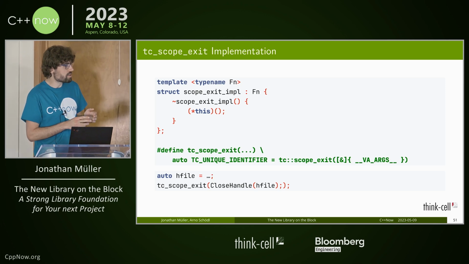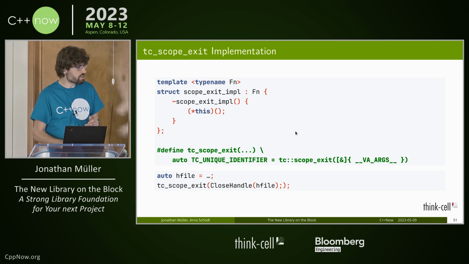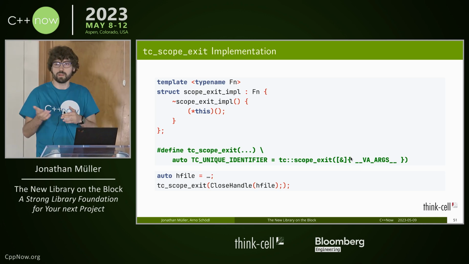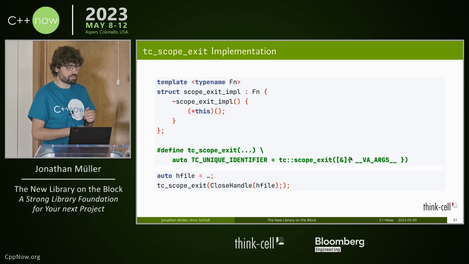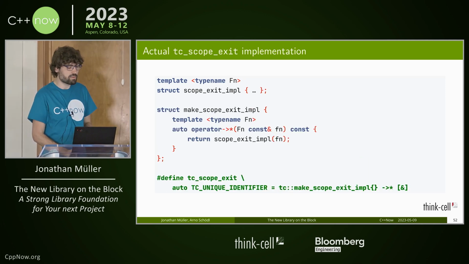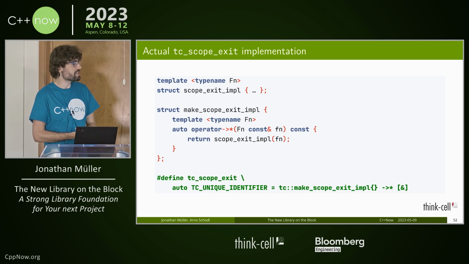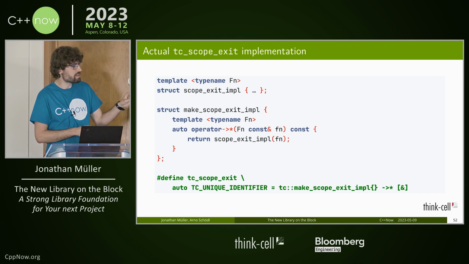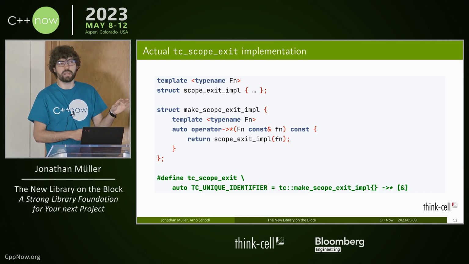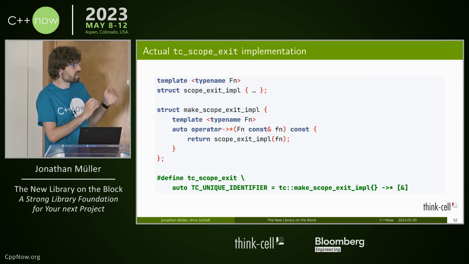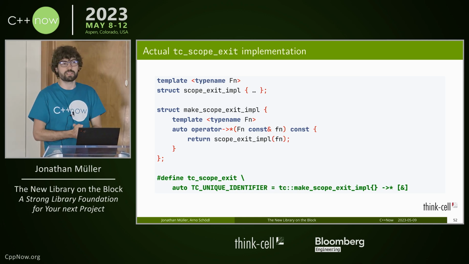So ideally we want to reuse the closing braces from the lambda outside the macro, so we have to cheat a bit to make that work from the syntax. And the idea is we introduce a tag type which has an overloaded arrow star operator, and then the macro takes no arguments and instead creates the tag type and then invokes that and starts the lambda. And the call side now completes the lambda with the closing braces, invoking the thing which returns the scope exit object.